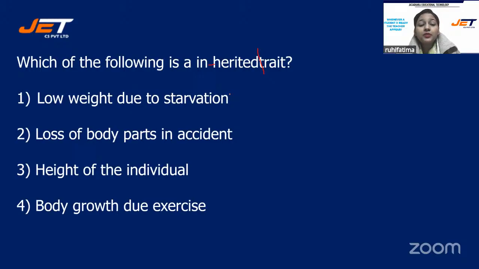Or is it option number four, body growth due to exercise?